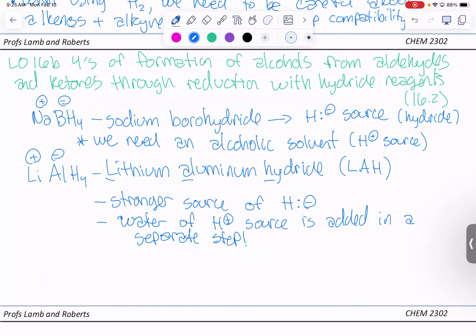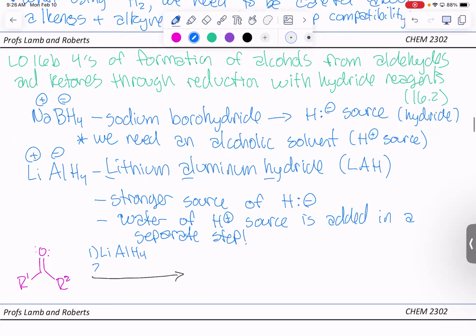All right, so at the end of the day, what we have is our aldehyde or our ketone. And we can use 2 sets of conditions. We can either use lithium aluminum hydride in one step, and in the second step we can add in water, or we could use a second set of conditions, which is sodium borohydride and an alcoholic solvent.